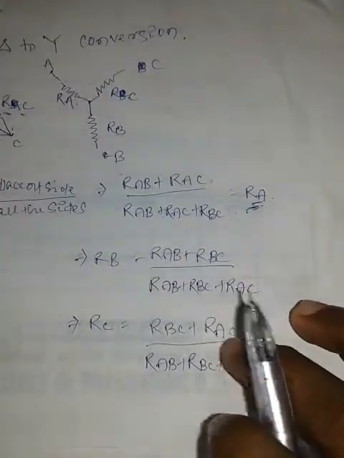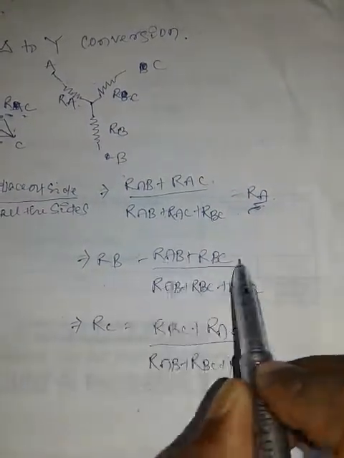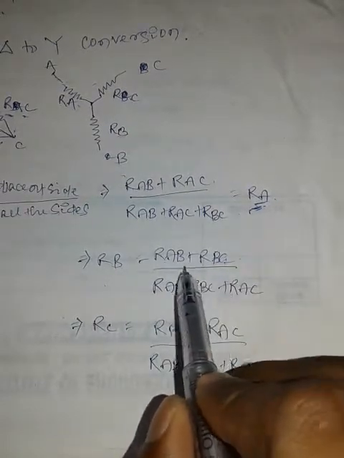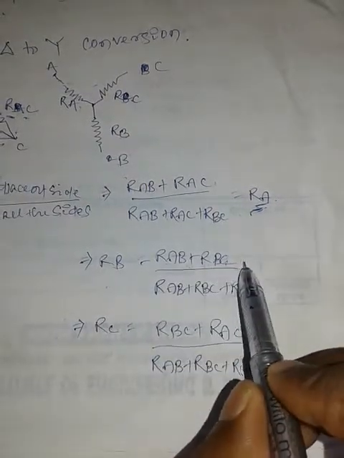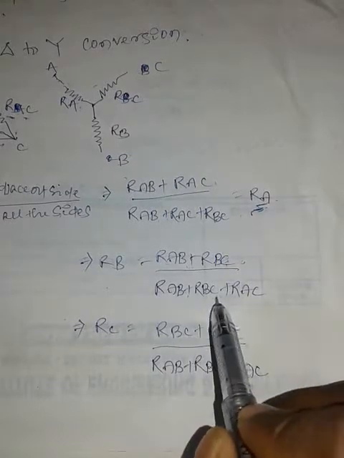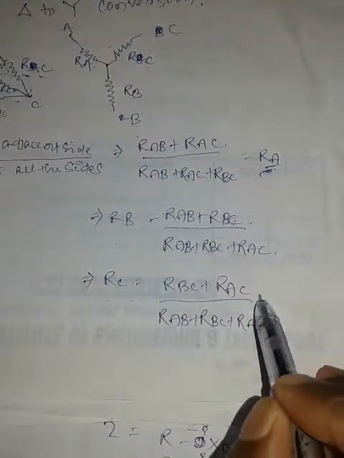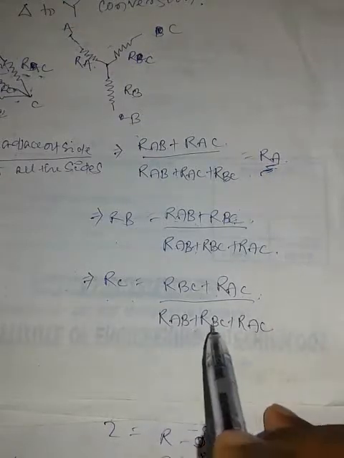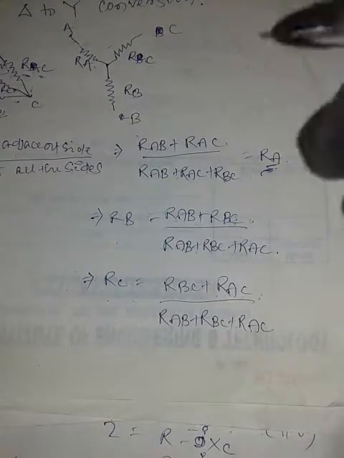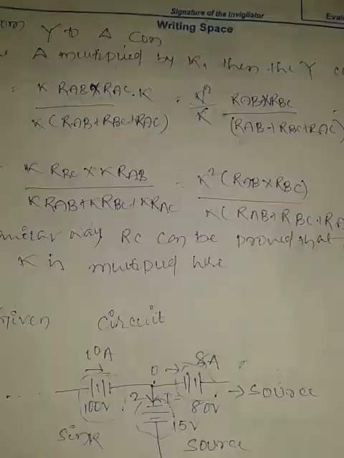Similarly, we can calculate RB, the product of its adjacent sides RAB RBC by RAB plus RBC plus RAC, and RC is equal to RBC RAC by RAB plus RBC plus RAC. In this method we can calculate the next one.